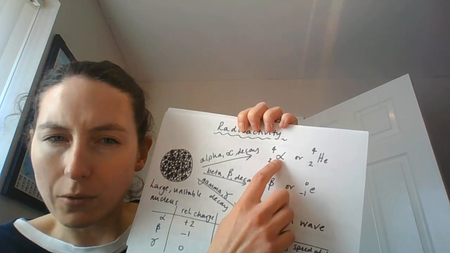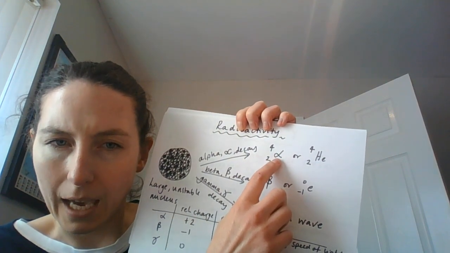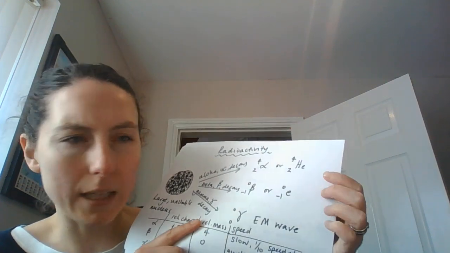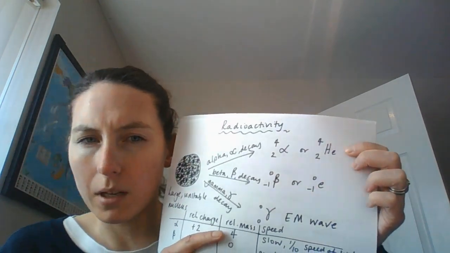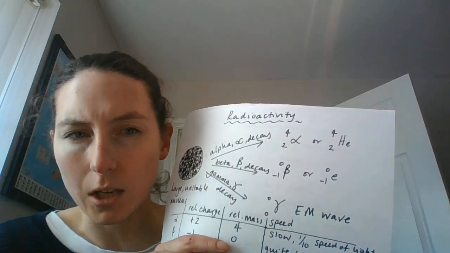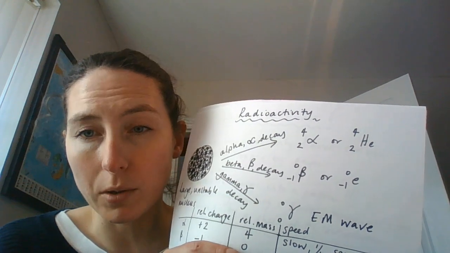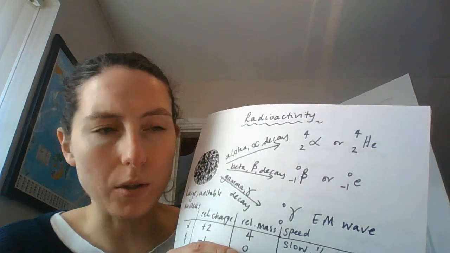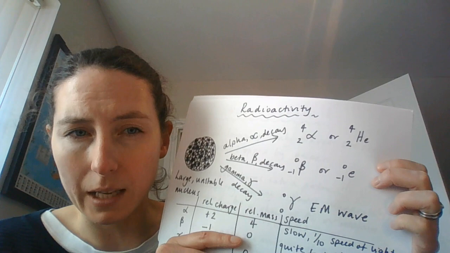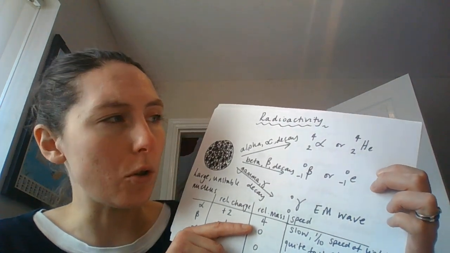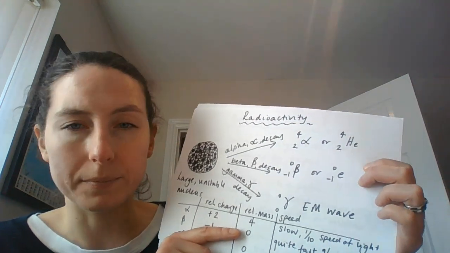We usually give it the alpha symbol, the Greek lowercase letter alpha, but sometimes you will see it represented like this, helium. Now, this is a helium nucleus, not the electrons, because helium has 2 protons, and when it's got the 4 there as well, it means that it has 2 neutrons as well. 2 plus 2 is 4.